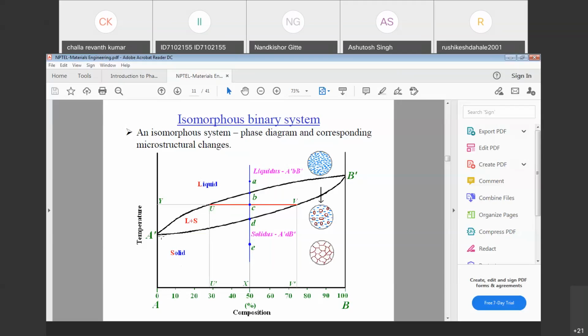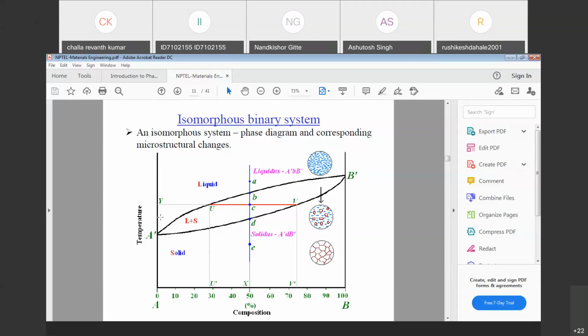Here up to this point, the solidus line is given, this one from D to B. Below this line, if you see the graph, all the component is solid. That's why it is written solidus A dash, T and B dash.